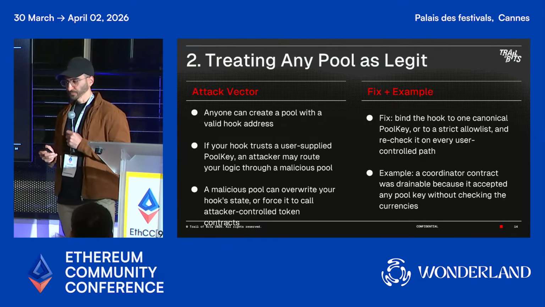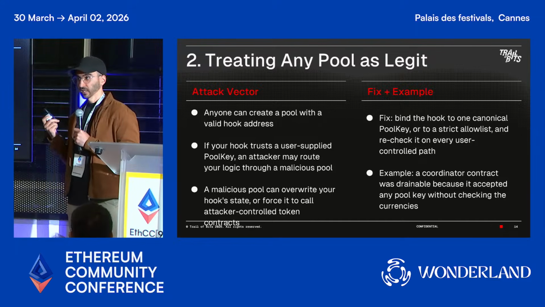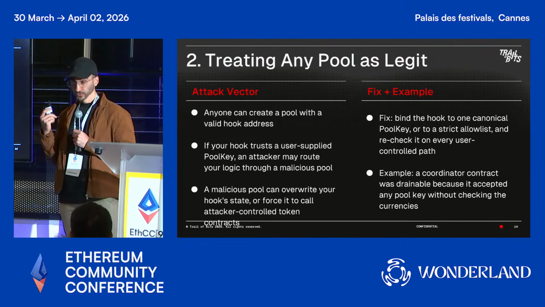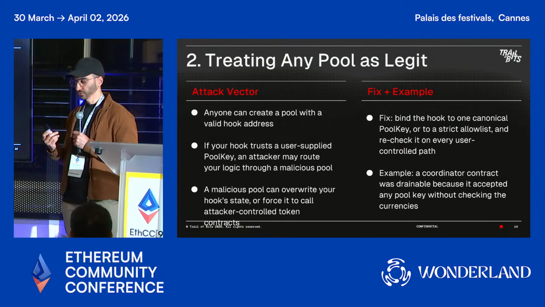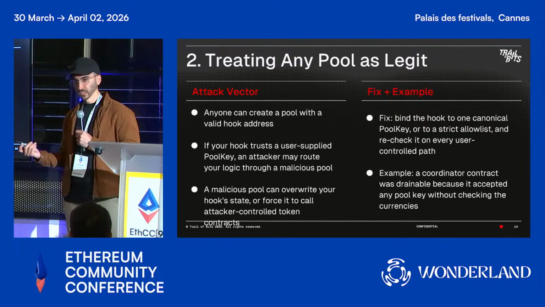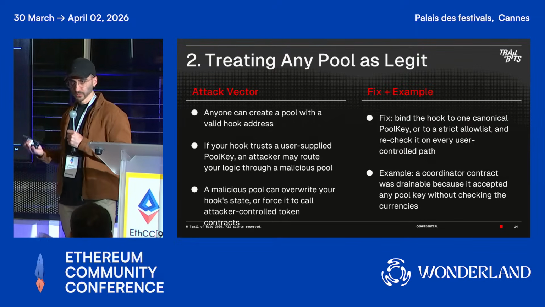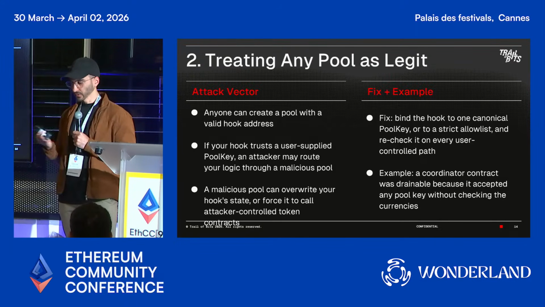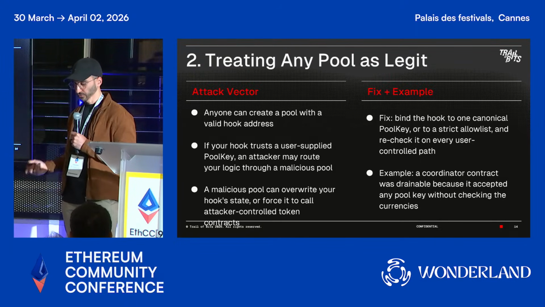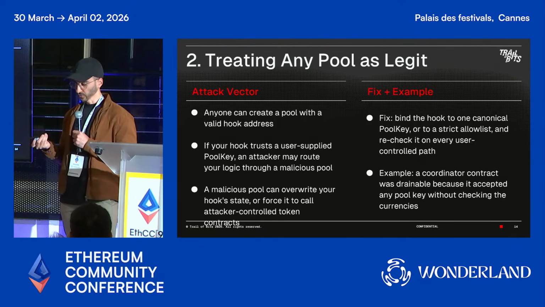And to do this, a very simple way is to bind at initialization of your hook the pool key you want to be interacting with, if you want to be interacting with only one pool. This is, for example, what Coinbase has done in their whitelist pool hooks. Otherwise, you should be implementing a whitelist in order to make sure that only the pools you want are the ones interacting with your hook.